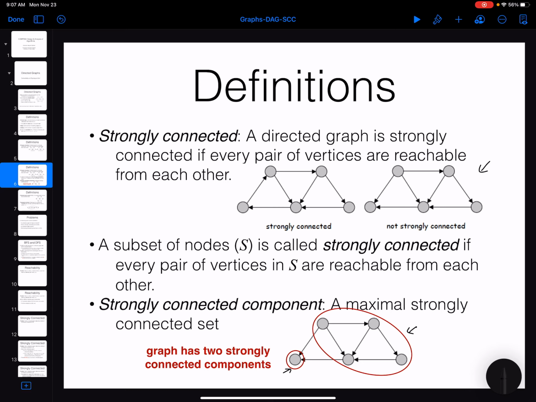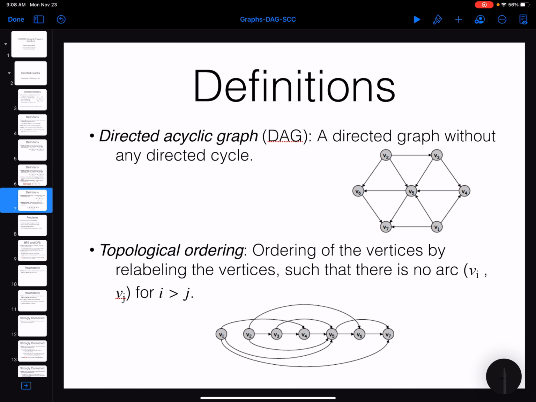For example, in analyzing social media, based on the people who are following each other, you can think about finding strongly connected components to give suggestions for advertisement, for following suggestions, for friend suggestions in social media. And there are plenty of different applications in social media networks for strongly connected components.